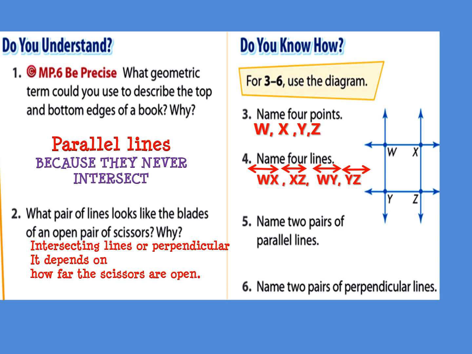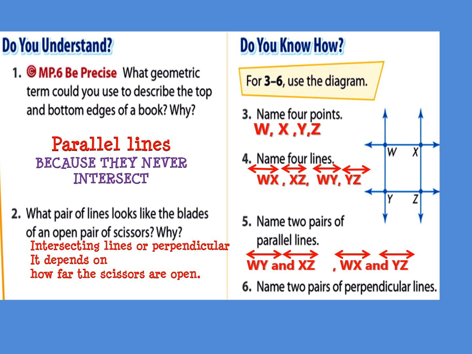So those 2 lines will be parallel. The other pair, yes, exactly, which are vertical lines, line WY and line XZ. So WY and XZ are parallel, and the other lines WX and YZ also are parallel.